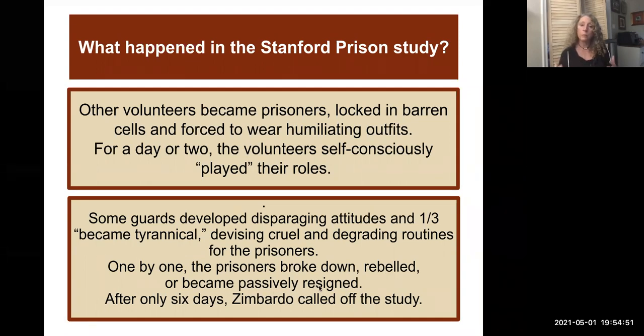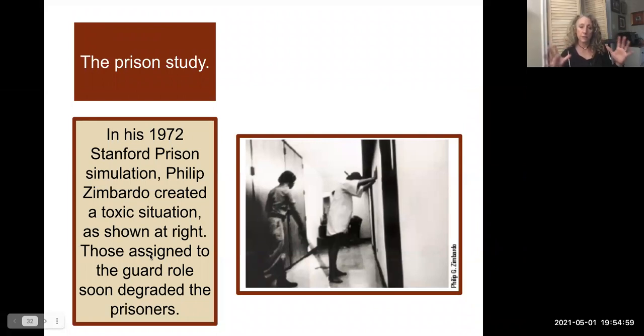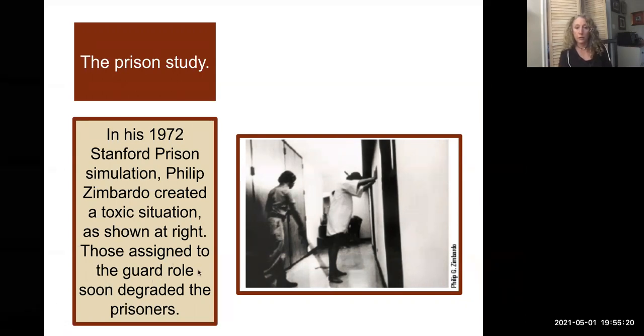So really the main point of this study is how powerful the situation was itself, and them taking on those particular roles of whether they were a prisoner or a prison guard, and that they almost started to lose their sense of self of who they were before they took on this role play. And it was a very toxic situation. And those assigned to the guard role soon degraded the prisoners. So they really kind of took on this very aggressive role. And this was not their personality beforehand.